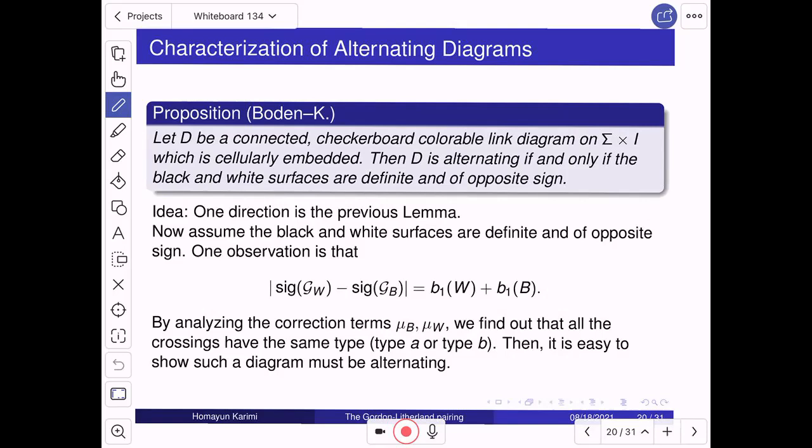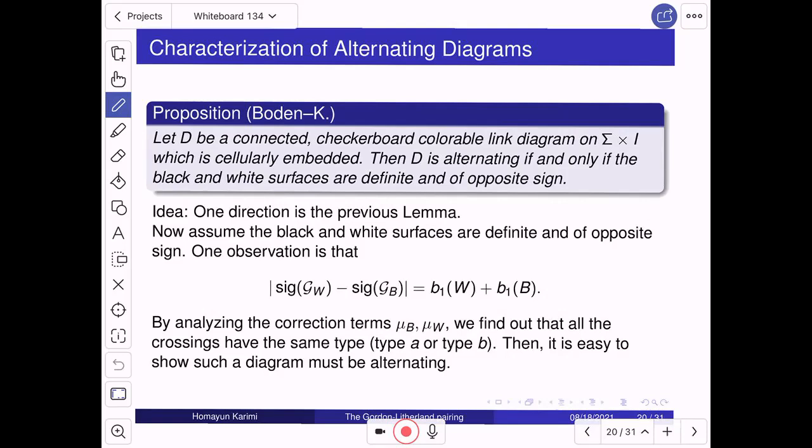One direction is the lemma that you saw in the previous slide. For the other direction, assume the black and white surfaces are definite, and one is positive definite and one is negative definite.